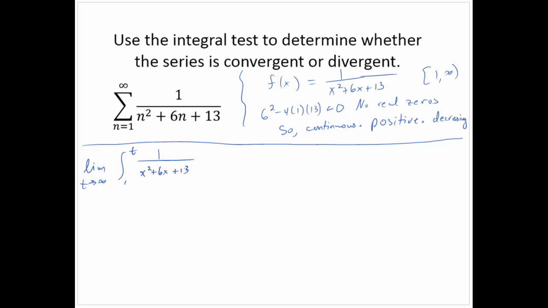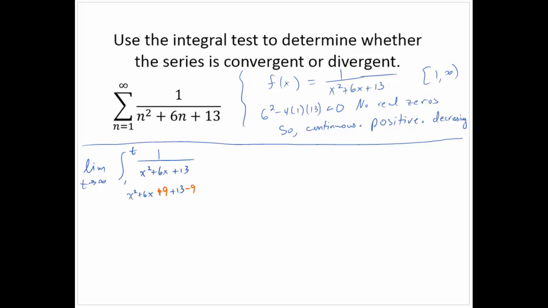All right, and we've seen how to deal with an integral like this back in our unit on integration techniques. And what we do is we complete the square in the denominator. So let's see, that's x squared plus 6x plus 9. All right, and so if we add 9, we have to subtract 9.